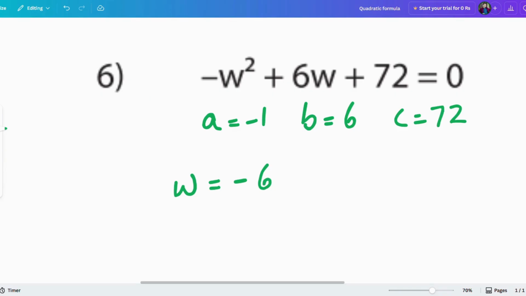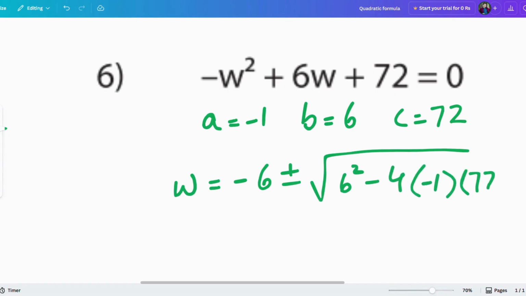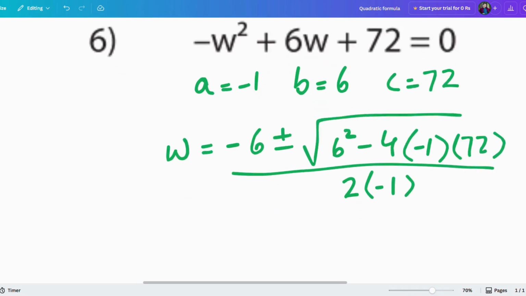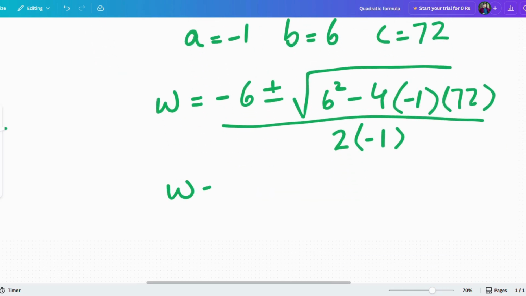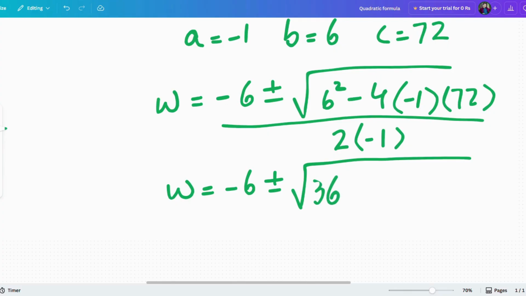So minus b means minus 6 plus minus radical b squared, which is 6 squared, minus 4, a is negative 1, and c is 72, and all of it divided by 2a, which is negative 2, okay? Now w is equivalent to minus 6 plus minus 6 squared is 36. So minus minus plus 4 times 72, okay?